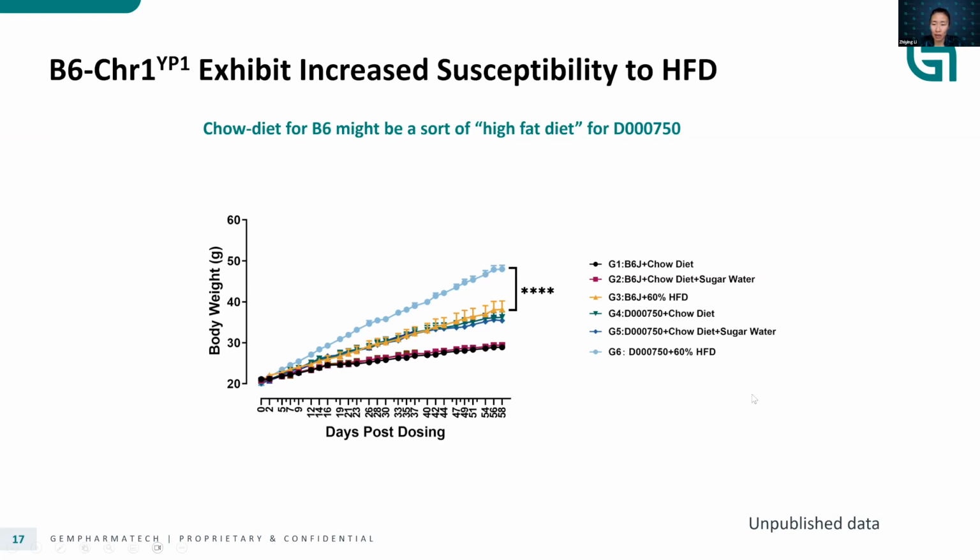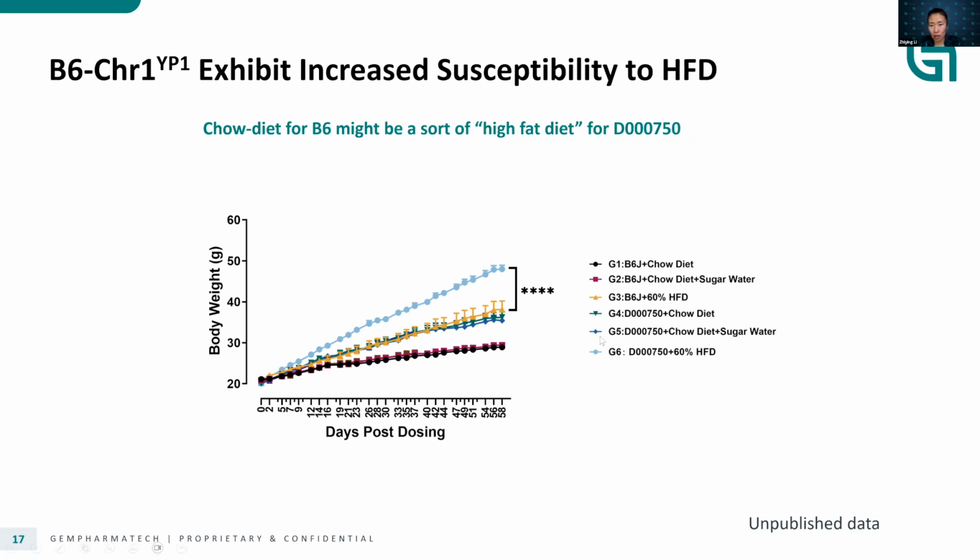These mice are subjected to the normal chow, or the chow plus sugar water, meaning giving them even more sugar to see how they respond to this increased nutrient, and then a high-fat diet, which gives them more fat than they normally consume. The top 3 groups are the B6 animals, and the next 3 groups are the YP1 animals.